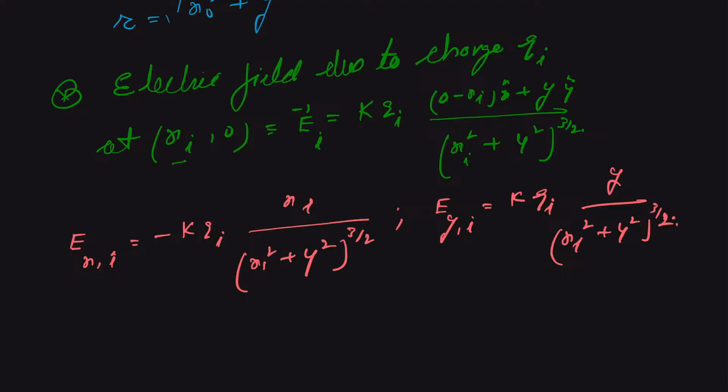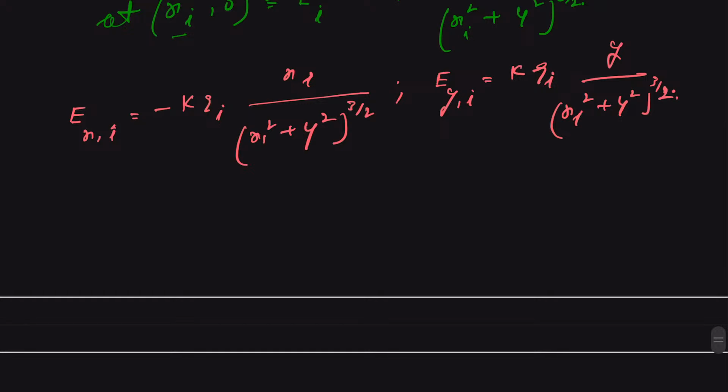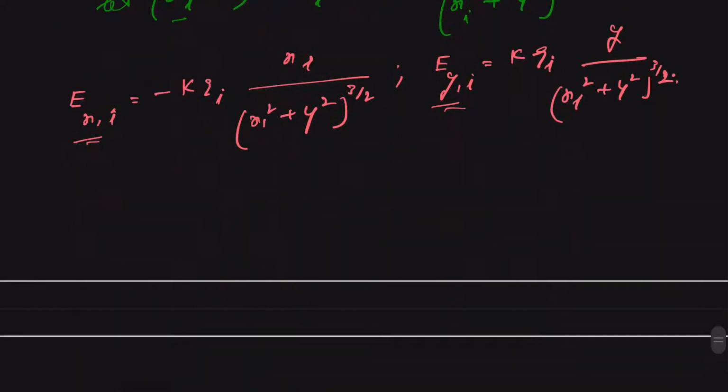Okay. And let us find out the summation of all the charges vertically, the vertical component, because we have a vertical component and a horizontal component, and we have these 4 charges.